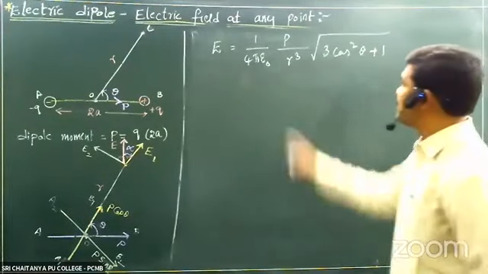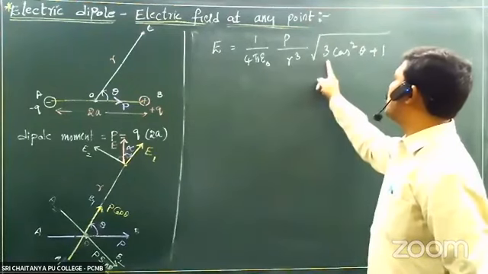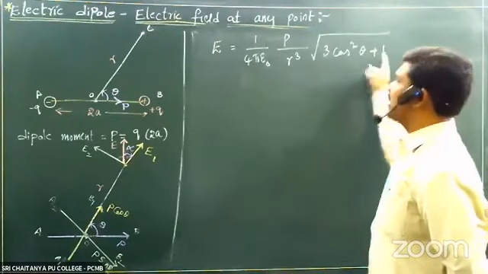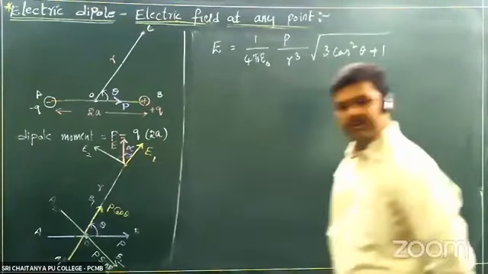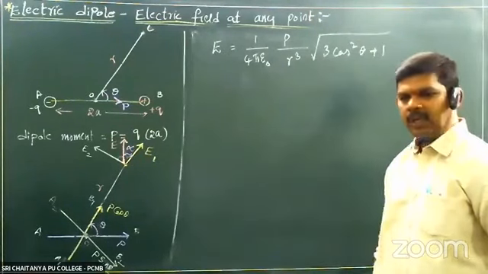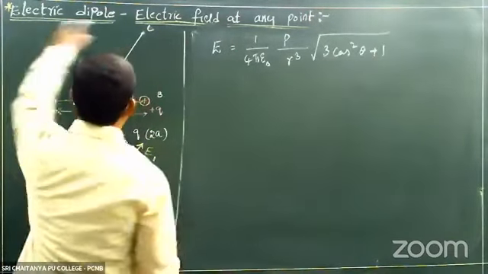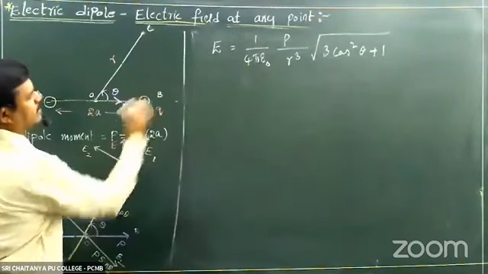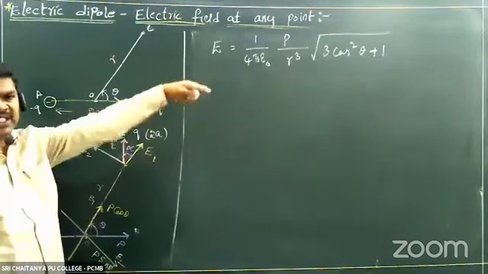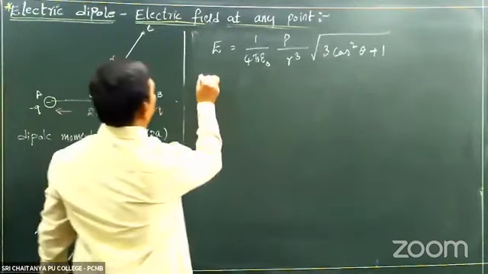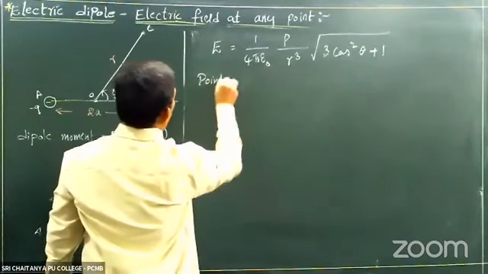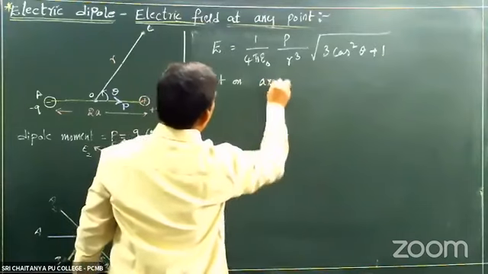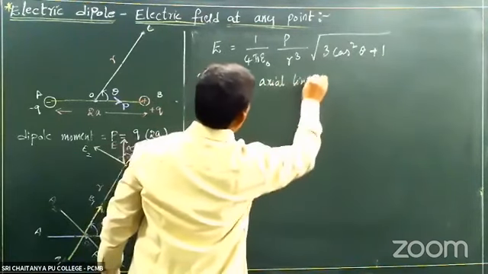How can we use it? See, our heading is electric field at any point. If the point is on the axial line, how to change this formula? Point on axial line.